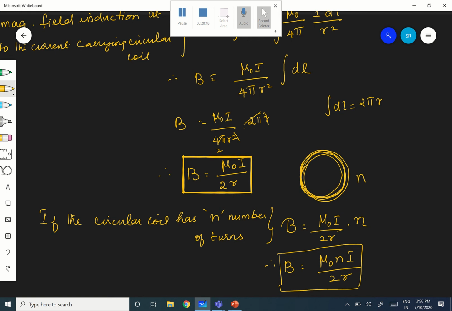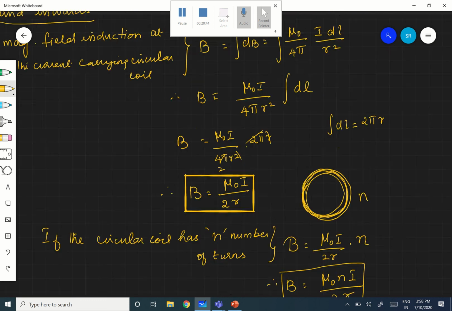Now we have to find out how to draw the magnetic field. The magnetic flux density, magnetic field induction at O, the expression is mu naught I by 2R. The direction is perpendicular to the plane of the coil and inwards.